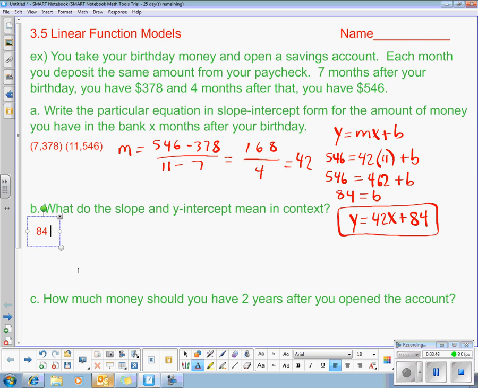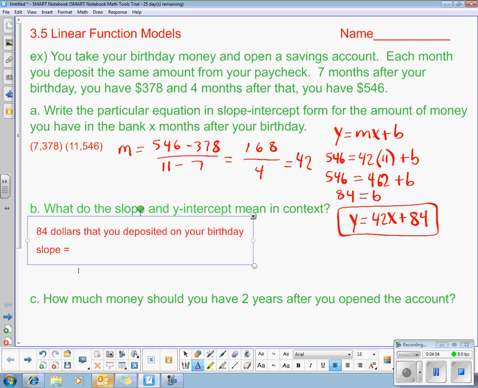So $84 that you deposited on day 1, or on your birthday, that's the context of our y-intercept. And the slope equals 42 means you deposit $42 each month.